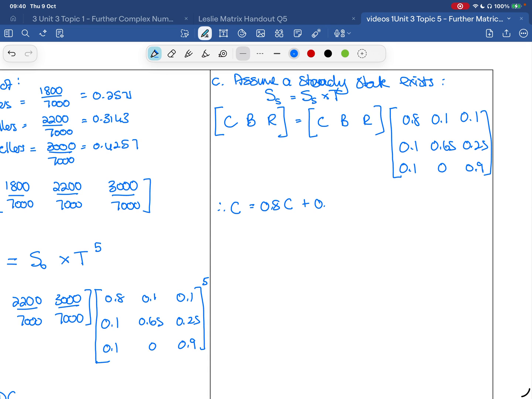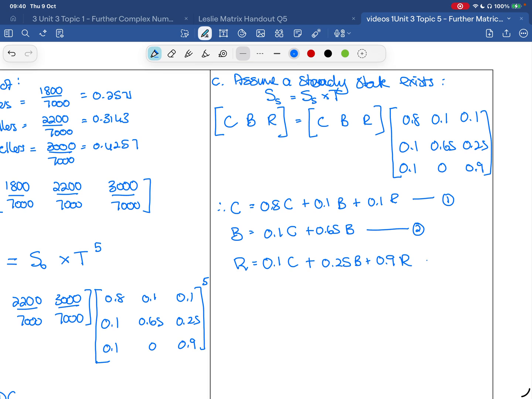Okay, so if I multiplied these out, I would actually get that C is equal to 0.8C plus 0.1B plus 0.1R, and that's equation 1. I'm going to get that B is going to be 0.1C plus 0.65B plus 0R, and R is going to be 0.1C plus 0.25B plus 0.9R.